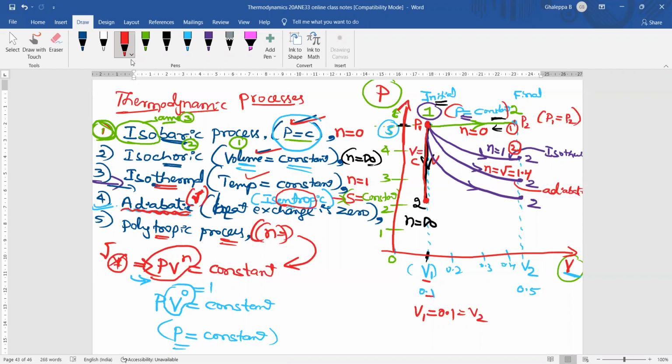And last one, polytropic. n is equal to n. It is greater than 2 but less than infinity. It will be greater than 2. It may be 3, 4, 5, 6, like that. If n is infinity, then it is a constant volume process.